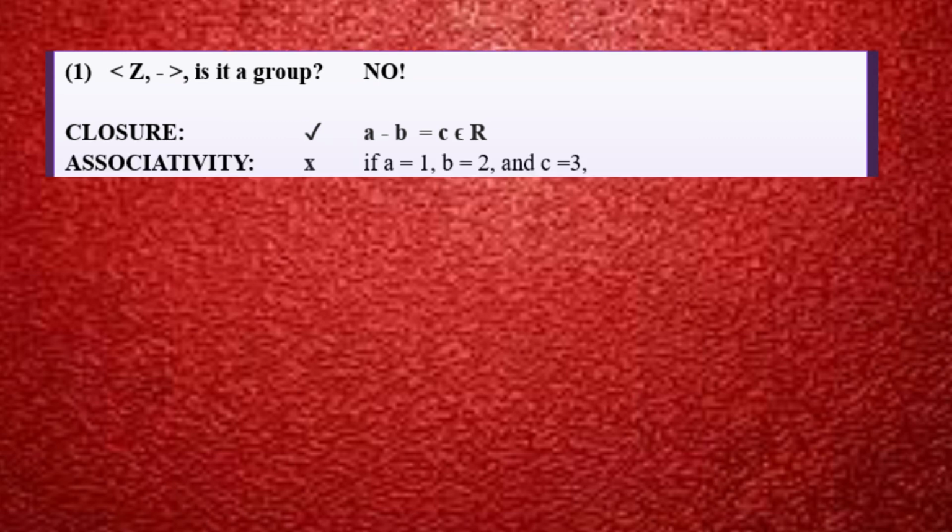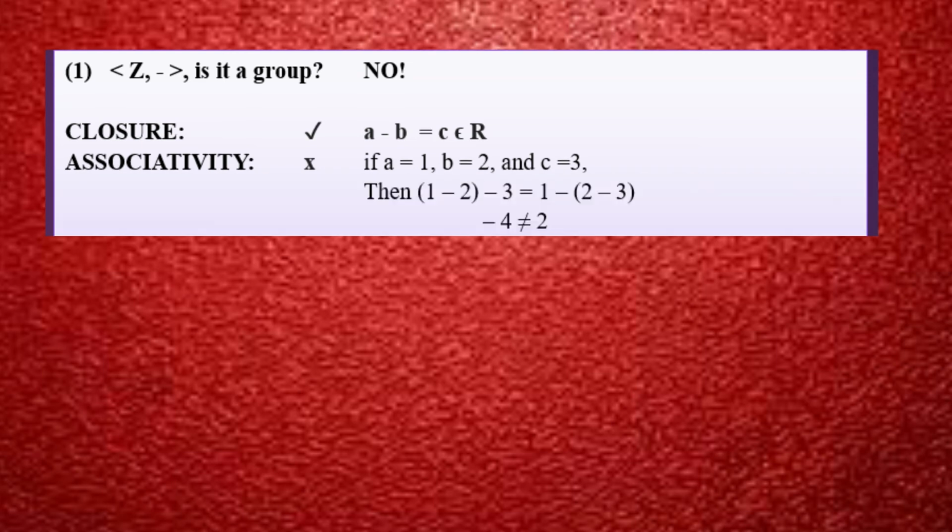But for associativity, is the quantity a minus b minus c the same as subtracting a minus the quantity b minus c? No. For example, if a is equal to 1, b is equal to 2, and c is equal to 3, then the quantity 1 minus 2 minus 3 equals 1 minus the quantity 2 minus 3.